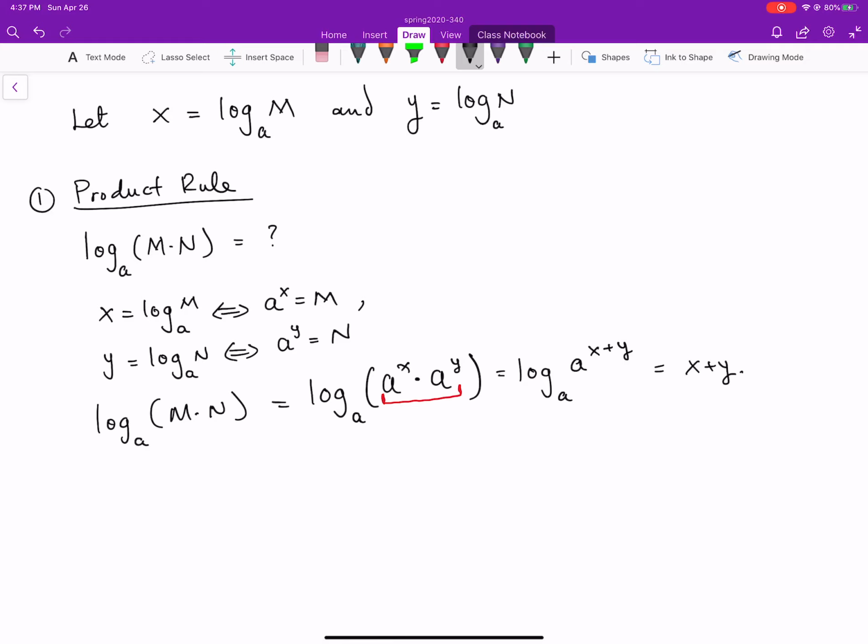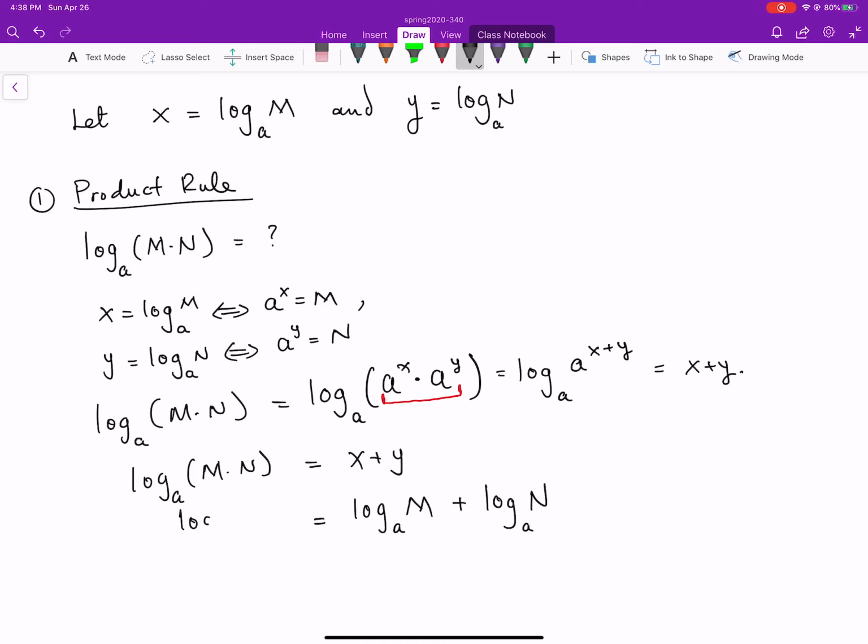So in other words, log a of m times n is equivalent to x plus y, which is equal to, well, x was defined as log a m plus log a n.